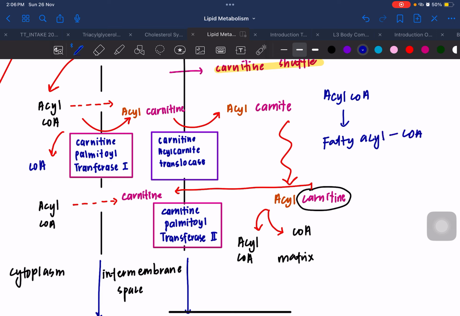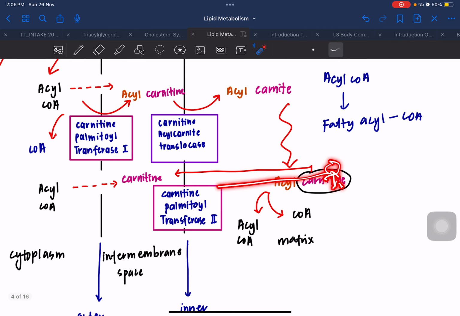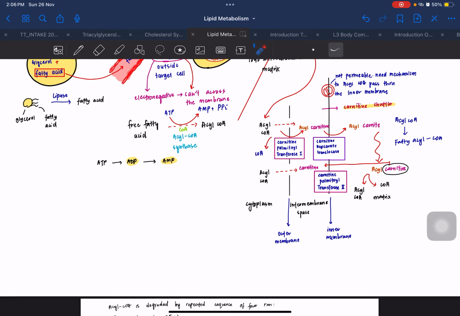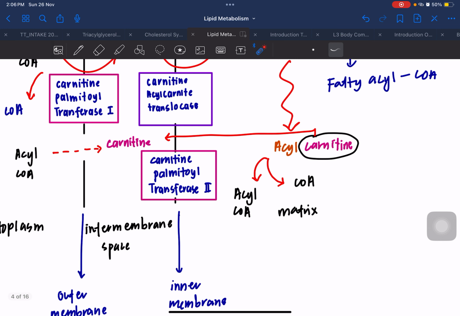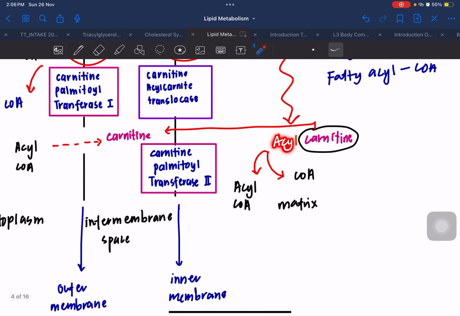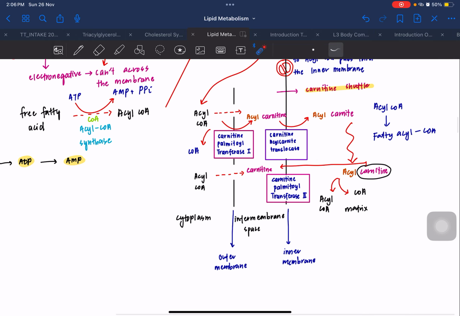Faham? Okay. So si carnitine tu pun pergilah balik ke intermembrane space. So akan ada satu lagi enzim which is carnitine palmitoyl transferase 2, which is acyl ni dia akan jadi fatty acyl CoA and coenzyme A. Dan benda tu akan berulang.